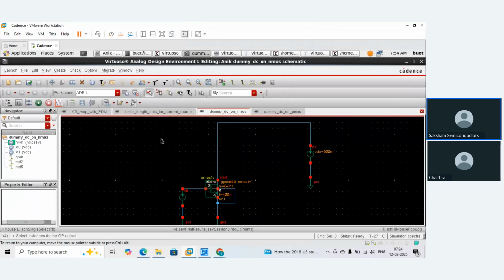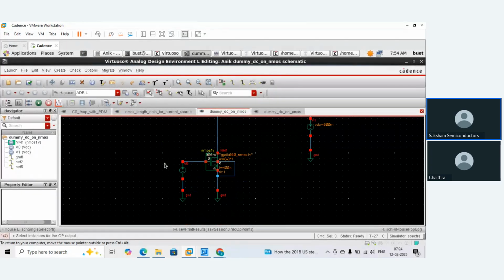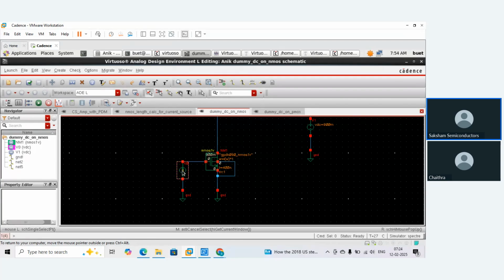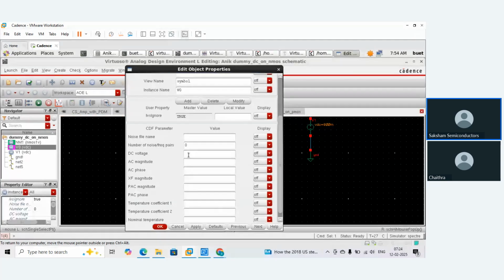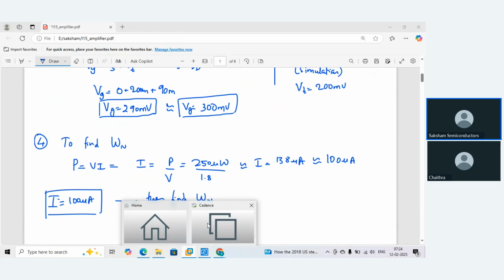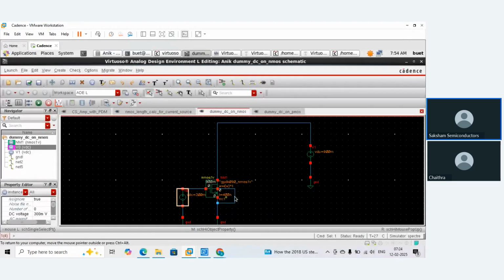So basically, here we already got the value of VGS, so I'll put it as 300 milli, which we got over here. Now everything is the same.